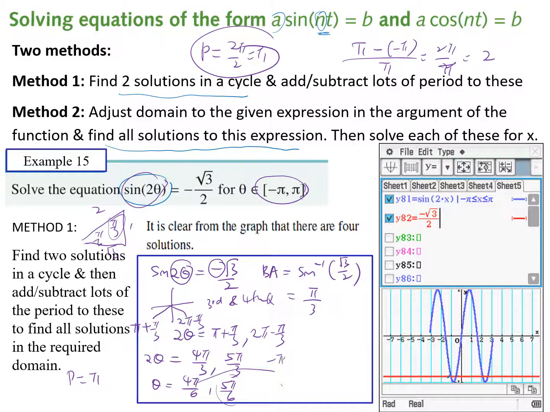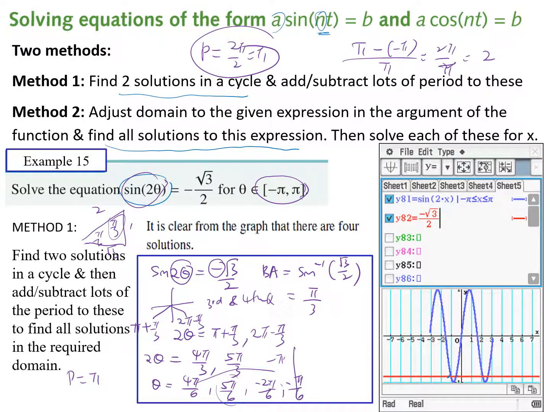So therefore, the solutions that you're going to have here: 4 pi on 6 minus pi, so we get negative 2 pi on 6. 5 pi on 6 minus pi will get you negative pi over 6.